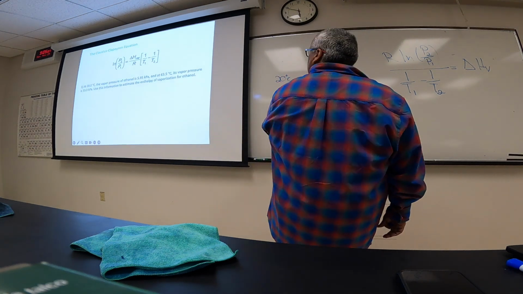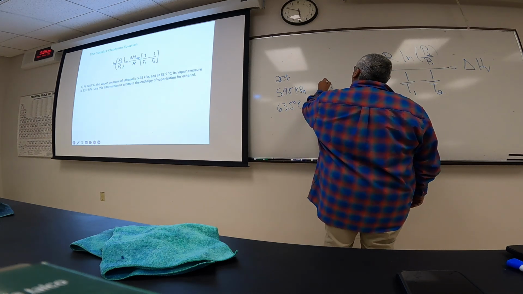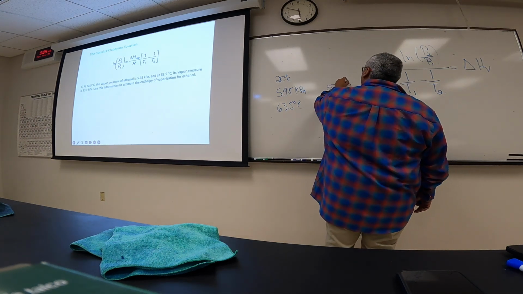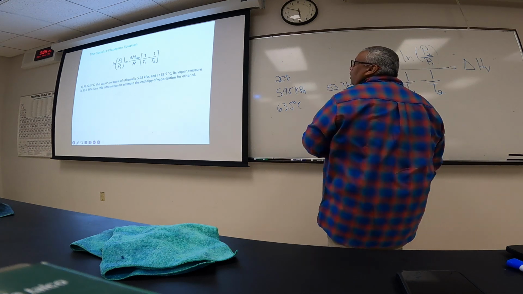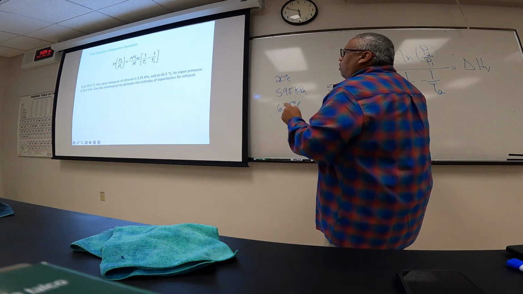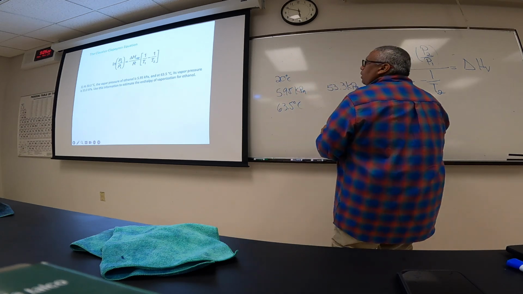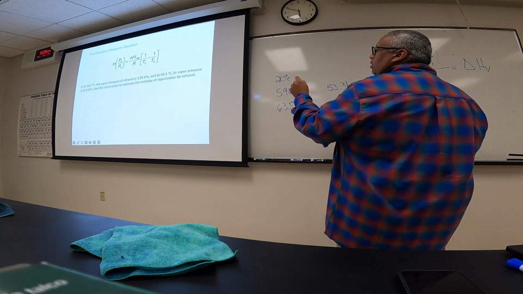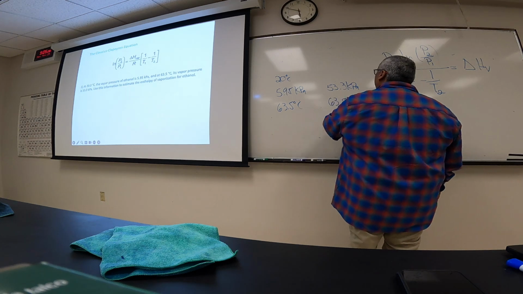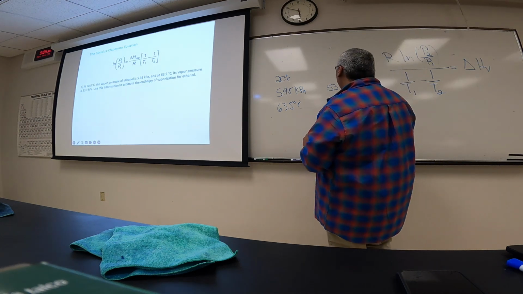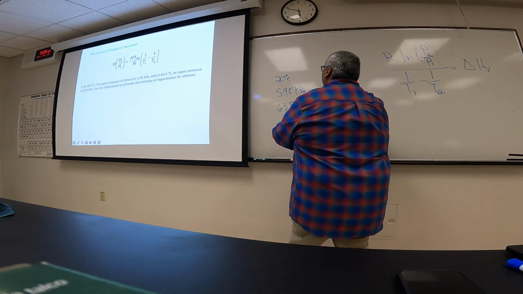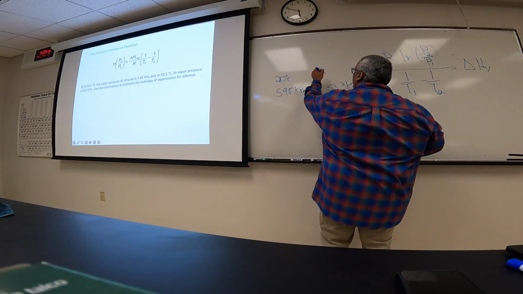Its vapor pressure is going to be 53.3 kilopascals. Let me write that temperature above here. Oh, wait a minute. We didn't need this. There we go. Okay, I see.